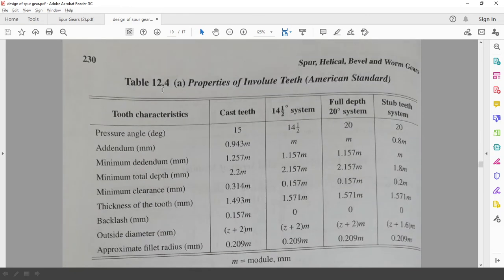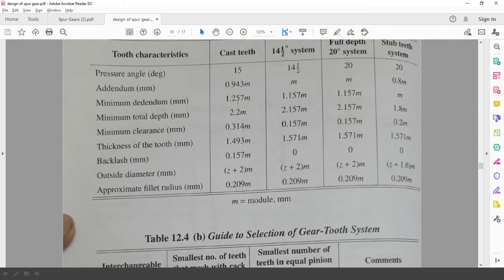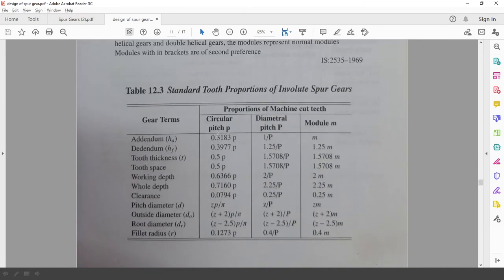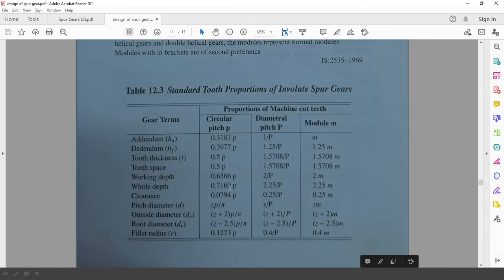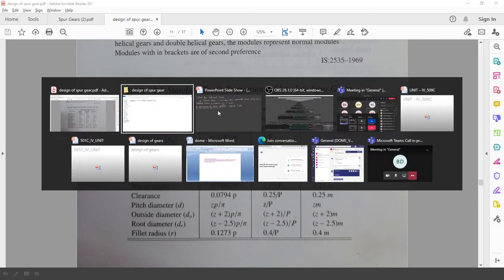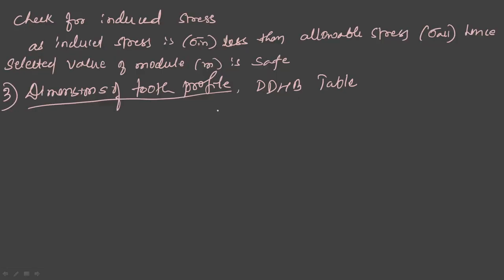You can refer to table number 12.4a, or you can refer to table number 12.3 here. Now this is especially for involute spur gears here. You note down table number 12.3. Important dimensions. So from table number 12.3.